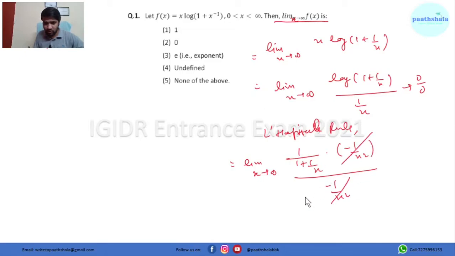So this and this get eliminated. Now if you put in the limit, this comes out to be 1 upon 1 plus 0, and finally it is 1. So the first option is the right option.